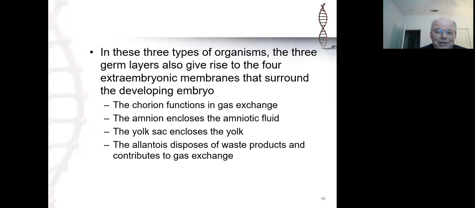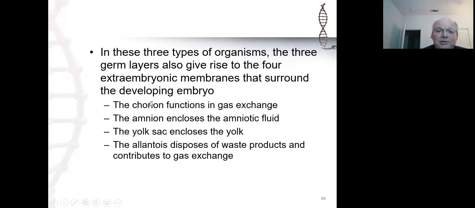That's why we have kidneys to filter out that nitrogen waste and eliminate it through the urine. But you can't dispose of it that way if you're enclosed in an eggshell. So you need another space in which to enclose it, and that's what the allantois does. It's where the nitrogenous waste, the product of breakdown of amino acids, is disposed of, because that is toxic to the organism. And as you can see, it also contributes to gas exchange.